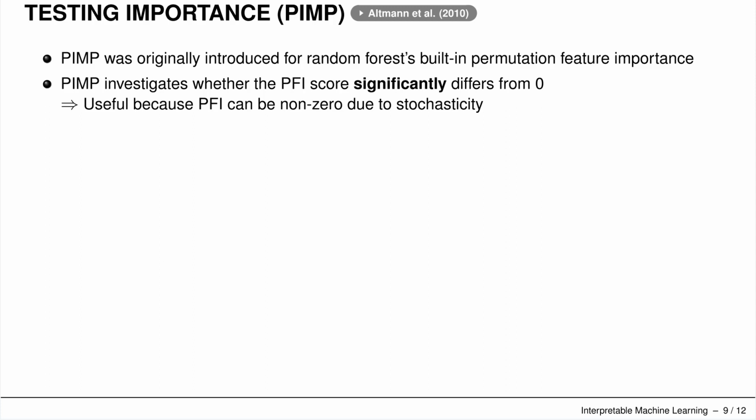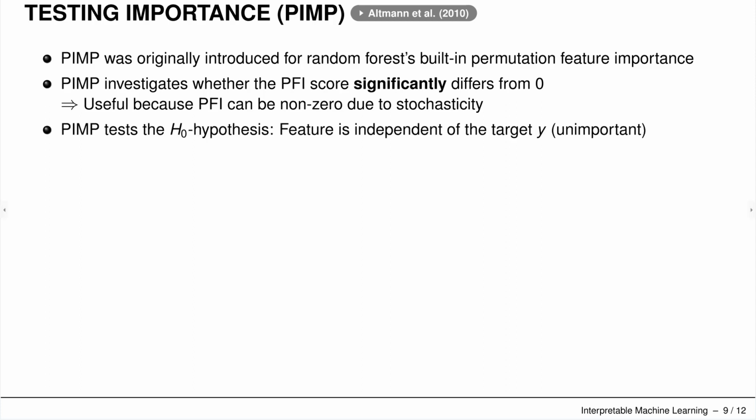The problem is you might have a PFI value which is larger than 0, but you don't know: is this just because of the randomness of the whole process, or is it a true effect? With the statistical test, you want to see whether this is significantly different.